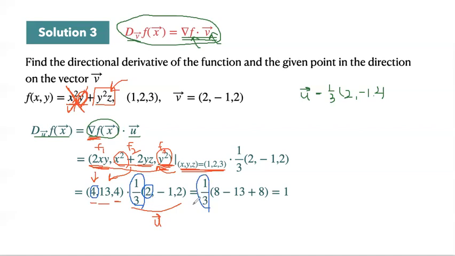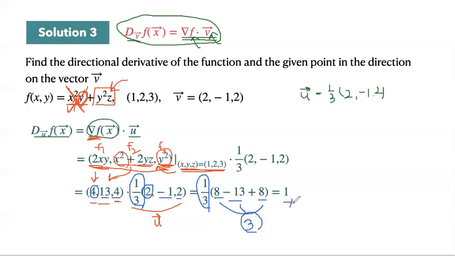And let's say that 4 times 2 is 8, and 13 times negative 1 is negative 13, and 4 times 2 is 8. So in this case here, it is 3, right? 16 minus 13 is 3. Okay, so 3 over 3 is 1.